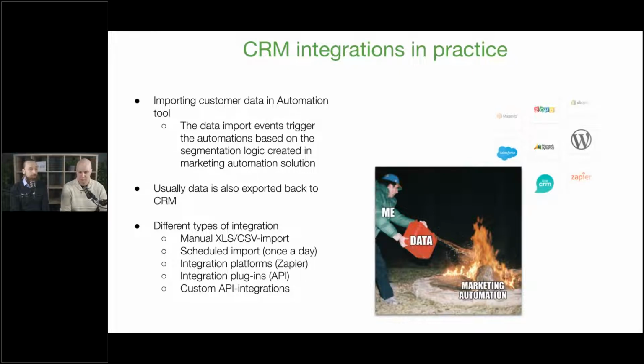So in many cases, the data is also exported back from marketing automation to the CRM. So you can see whether the customer reacted, did they engage with your campaigns? Were they interested in certain articles, or what is the most crucial thing for the customer?